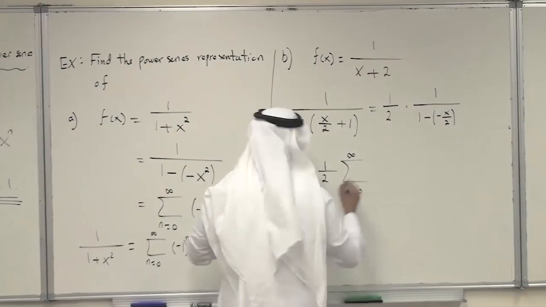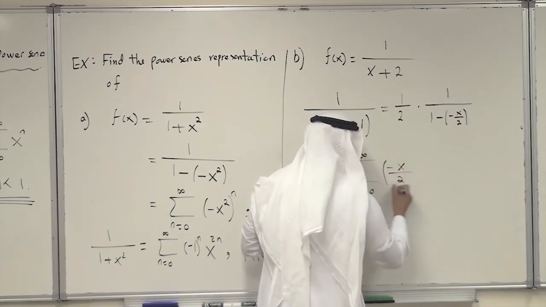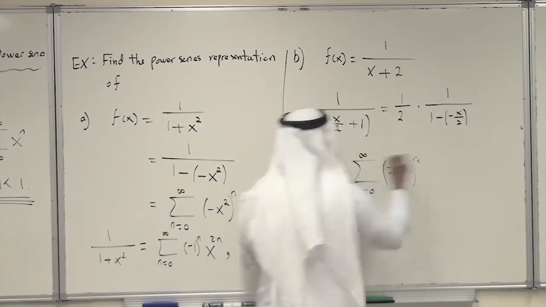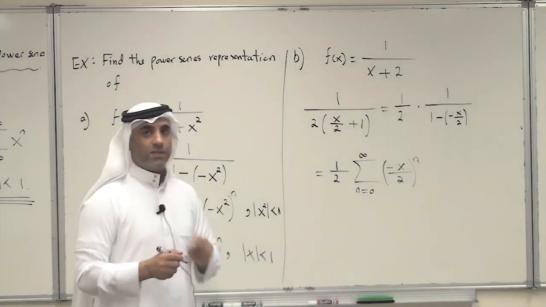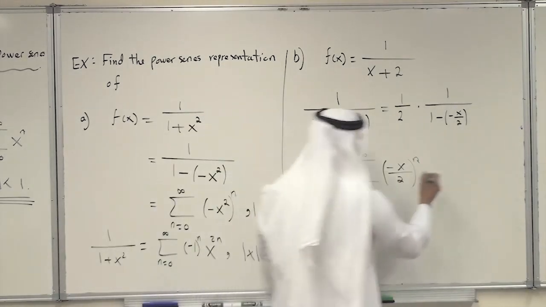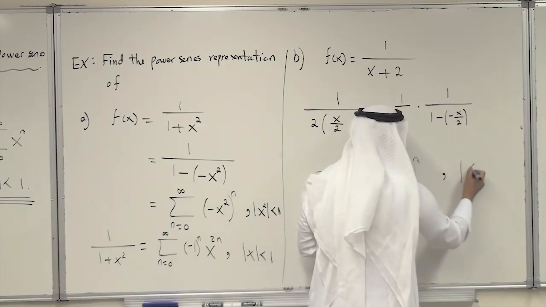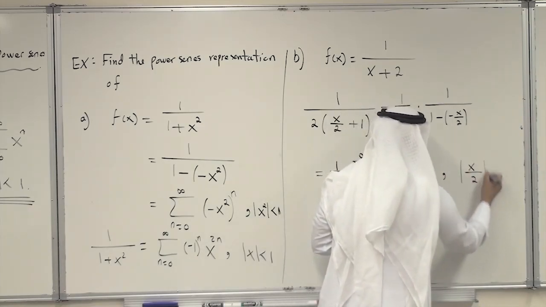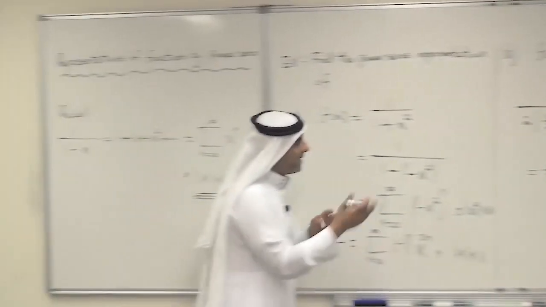So I will get minus x over 2 all to the power n. We need to be careful again about the convergence of the series. This series is convergent only if the absolute value of x over 2 is less than 1, so the absolute value of r less than 1 in other words.